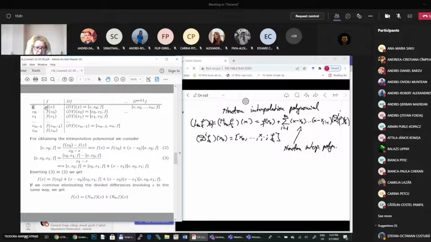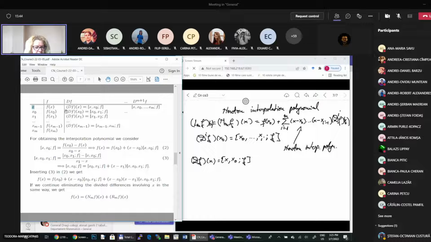For x, the value of the function is f of x, and we have the divided difference that uses x and x0. So using this notation, we have the divided difference [x, x0; f], and you know that its value is (f of x0 minus f of x) divided by (x0 minus x).